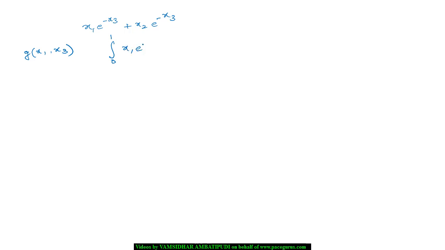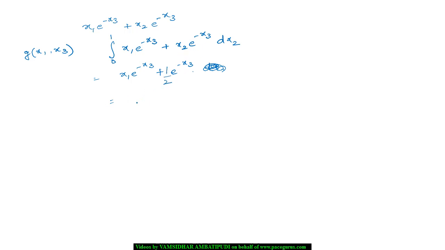If I am integrating across all x2, it will work out as follows: x1 e to the power of minus x3 is entirely constant, so it comes out, and for x2 the integral is x2 squared by 2, which is 1 by 2.